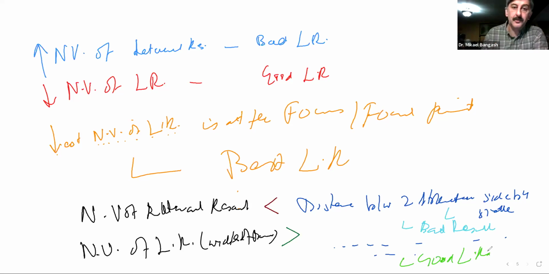And what was a good resolution? That those two structures are accurately displayed, or correctly displayed, or distinguishably displayed as two separate reflectors or structures, right?